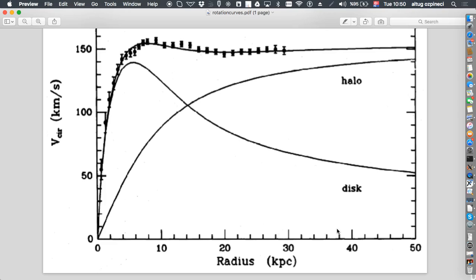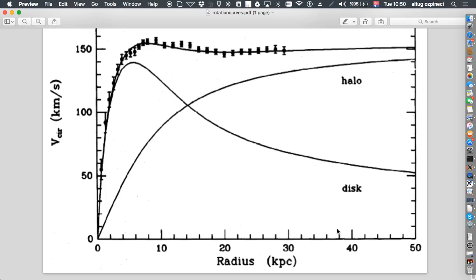Well, if they are rotating faster at a given distance, let's say at 20 kiloparsecs, they are rotating with this speed, then there should be a correspondingly larger force acting on them. There should be a larger force pulling these stars toward the center of the galaxy than what we observe.